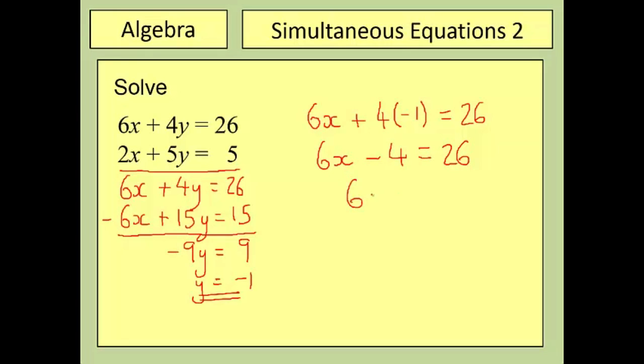You add 4 to both sides, so the 4 on the left is gone, and we get a 4 on the right. And then 6x must equal 26 plus 4 is 30. And then x must equal 30 divided by 6, which is 5. So the complete solution to this question is y is negative 1 and x equals 5.